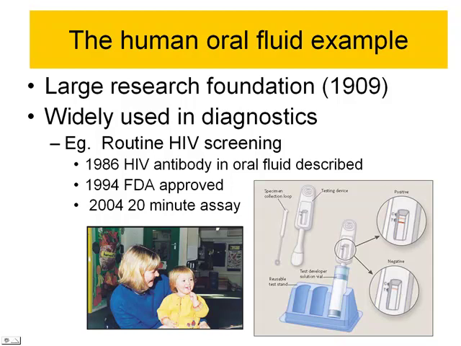And then 10 years of assay development and improvement of technology, and now they have a 20-minute point-of-care assay. You go in, you contribute an oral fluid sample, and before you leave the doctor's office, you can have your results, and that has a very high level of performance. So those are very confident results.